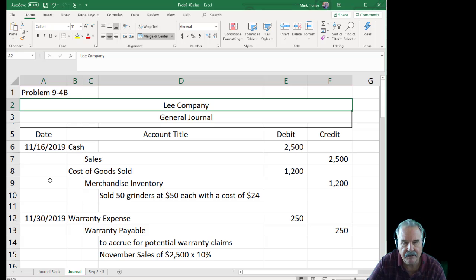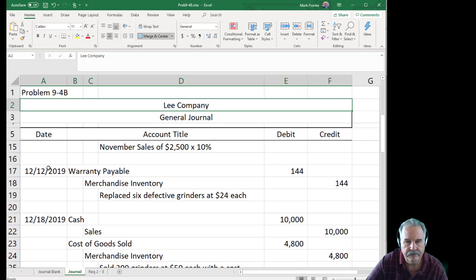So 10% at the selling price. So this is a debit to warranty expense and a credit to warranty payable or warranties payable for $250, which is 10% of the sales. Then we continue on. Now, we haven't had any grinders come back to need repair yet.